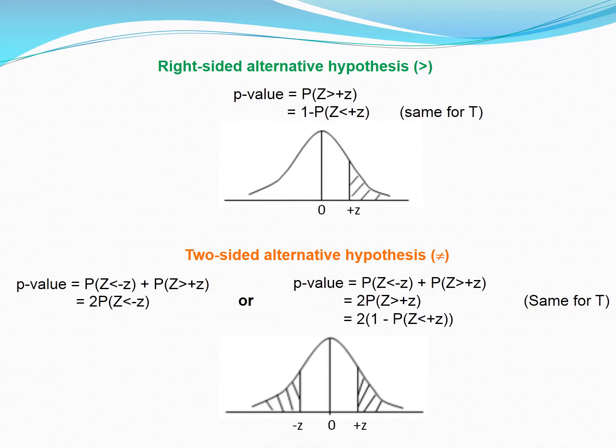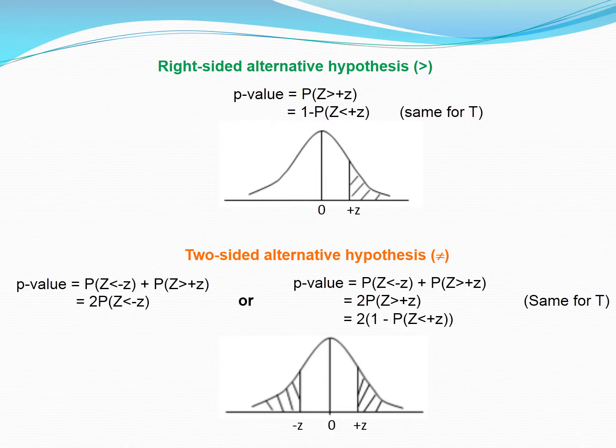So your p-value will be equal to the probability that Z is less than negative Z plus the probability that Z is more than positive Z. And since this area and this area is going to be the same, since the area under my curve is symmetrical, I can use the shortcut and I can write that as 2 times the probability that Z is less than a negative Z value. So I only need to look up that value in my negative Z table then.